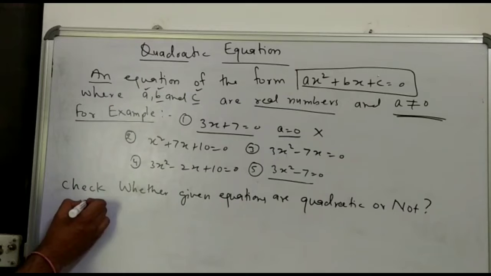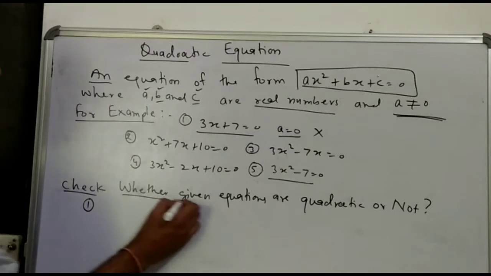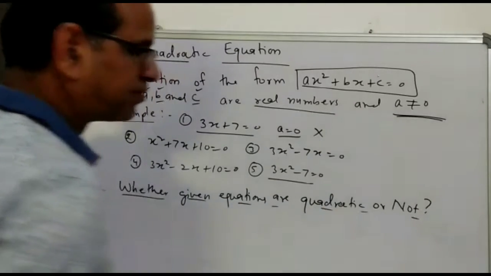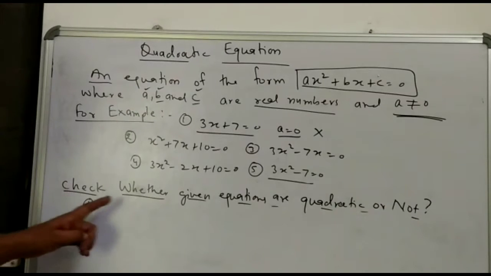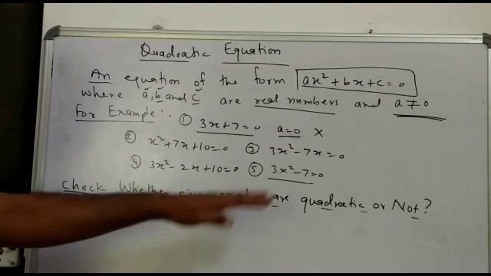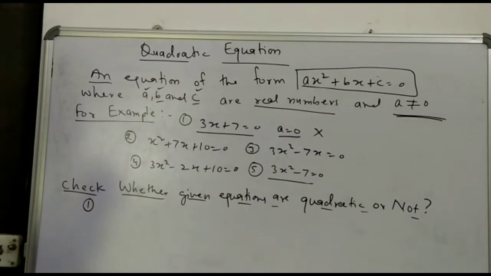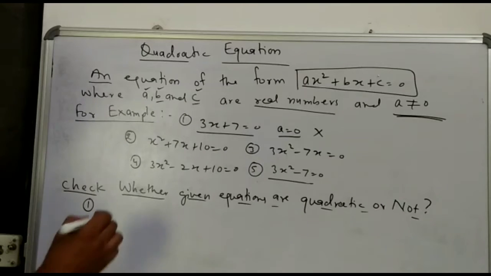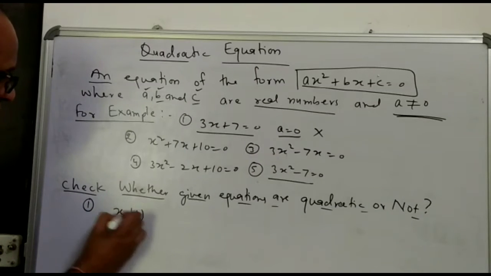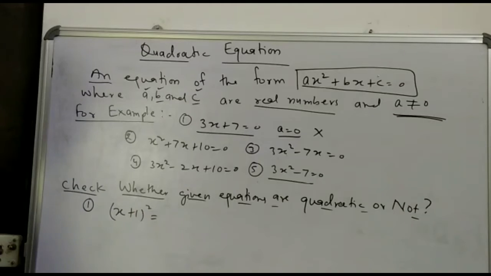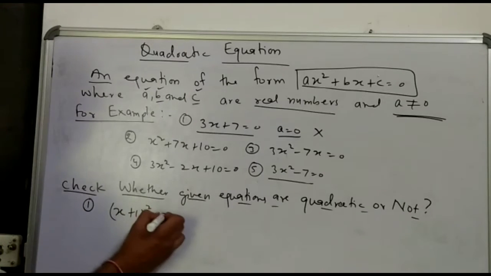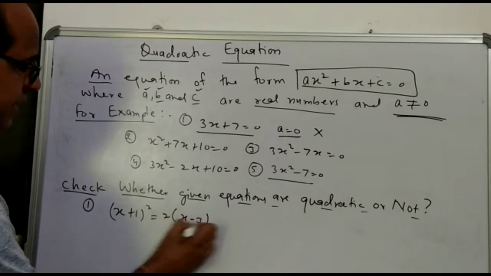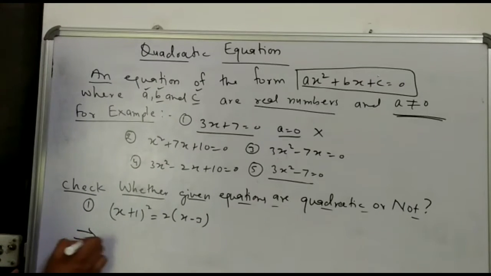Now I am writing some examples here from the first exercise and check whether the given equations are quadratic or not. In exercise 4.1, if you take the first sum, this is the first part. It is x plus 1 whole square equals 2x minus 3 to the 6.